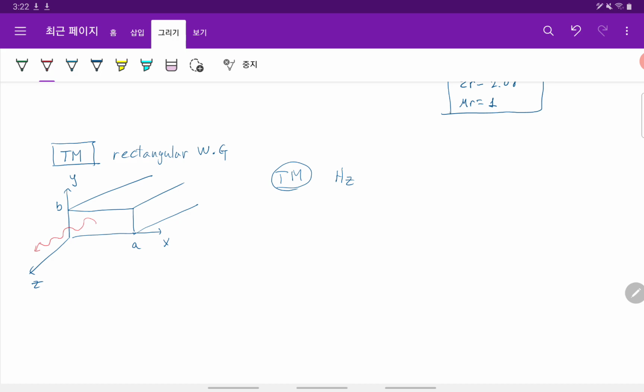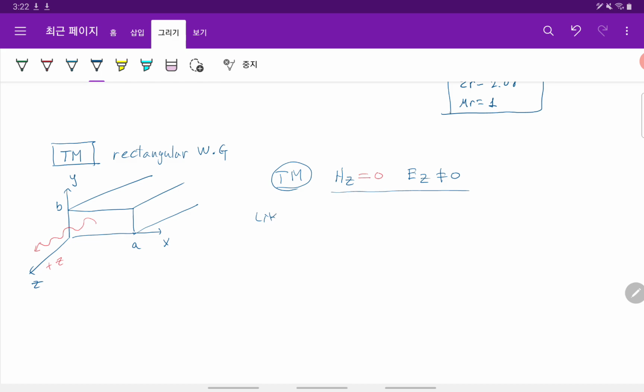So Hz, which is the component along the propagation direction, should be 0. TM means transverse magnetic, and then Hz is not here in rectangular waveguide. And then TM is this condition.